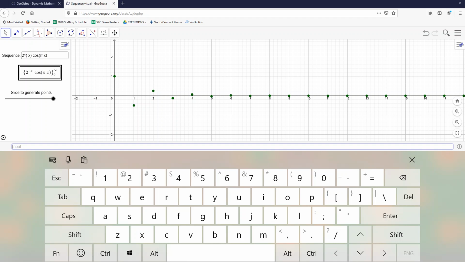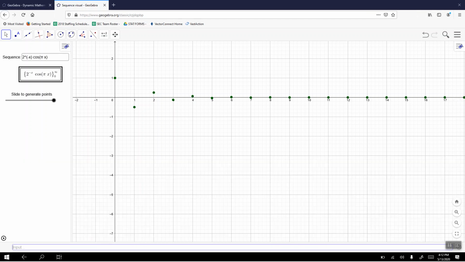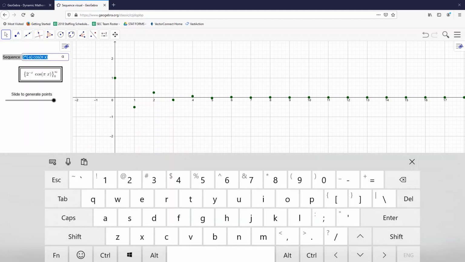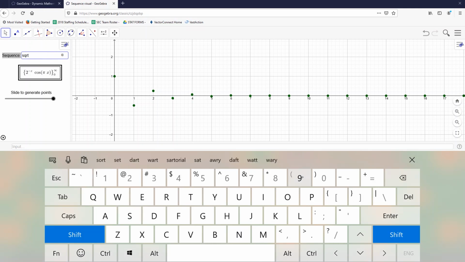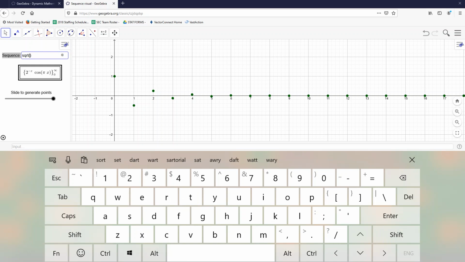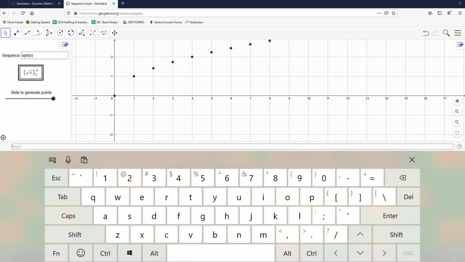All right, so now that we get to see the difference between converging and diverging, let's look at one more example here. Let's say I want the square root of, let's say, just x itself.